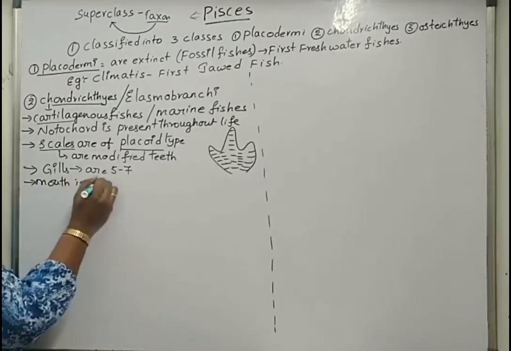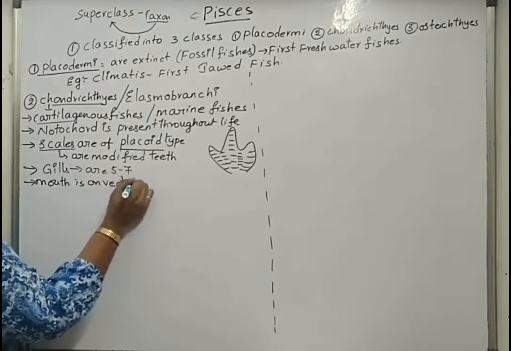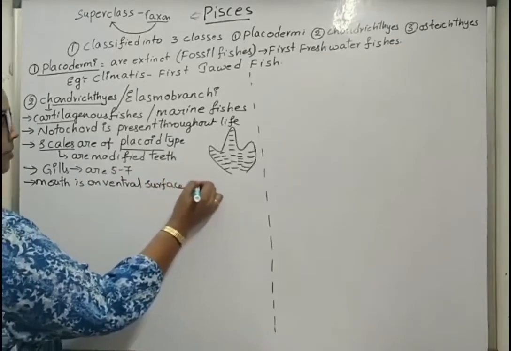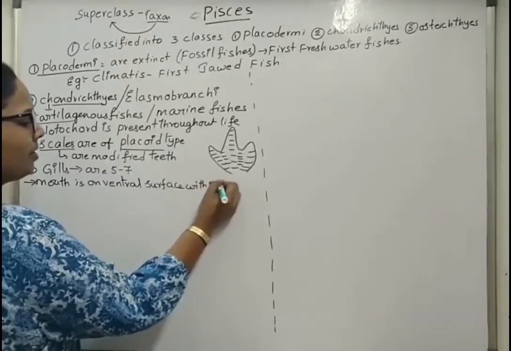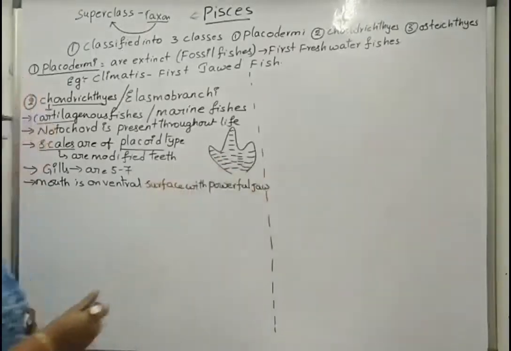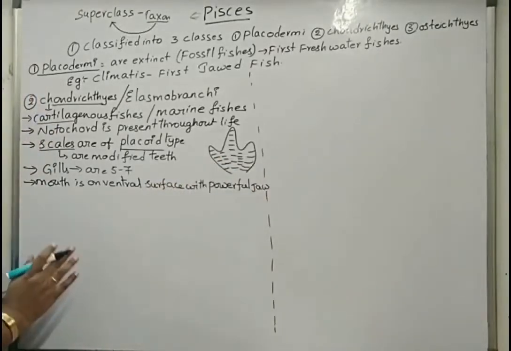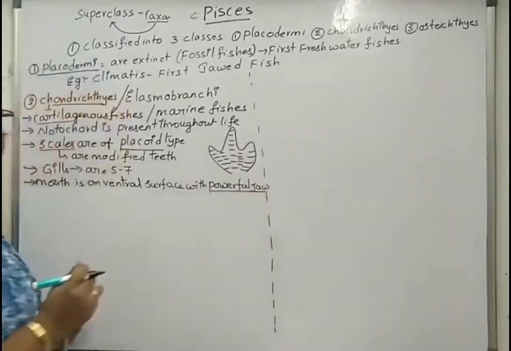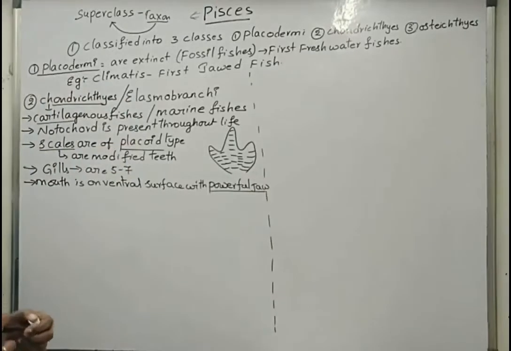Mouth is on the ventral surface with powerful jaws. So since they have powerful jaws, they are also termed predaceous, which means they depend on other organisms. They are very good hunters, we can say.